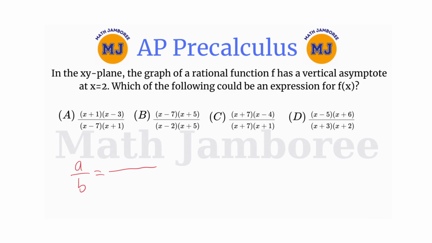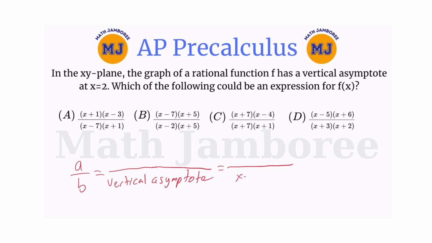And when you're talking about a vertical asymptote, we're talking about the denominator. So in the denominator we must have an expression that is going to give us 2 when we solve it for x by making it equal to 0.